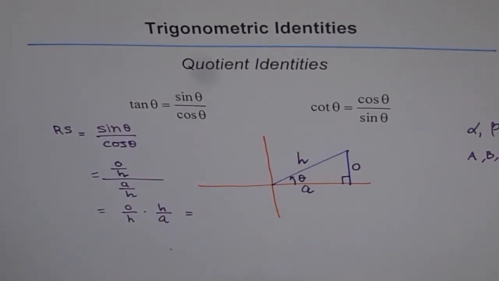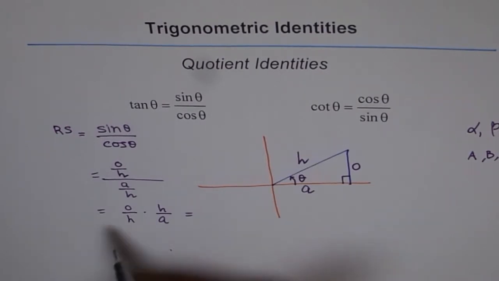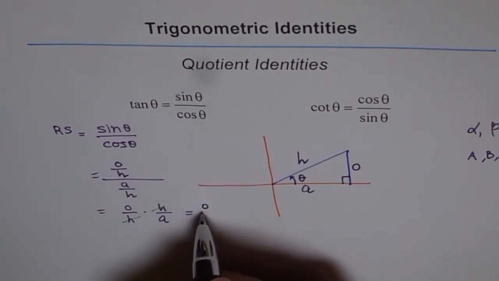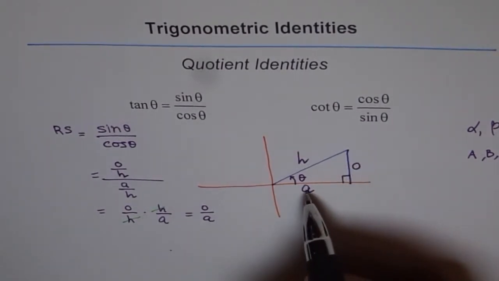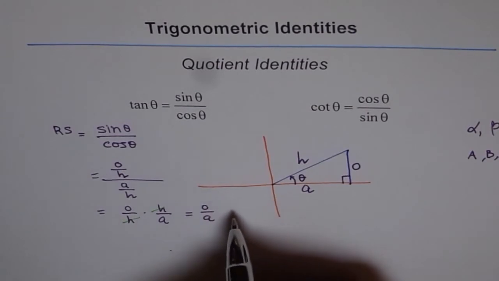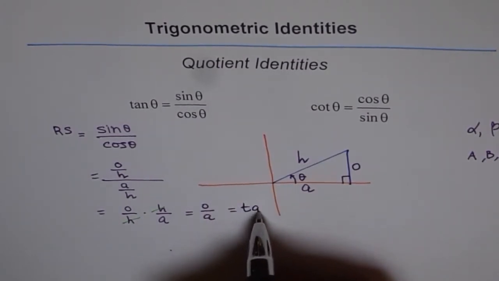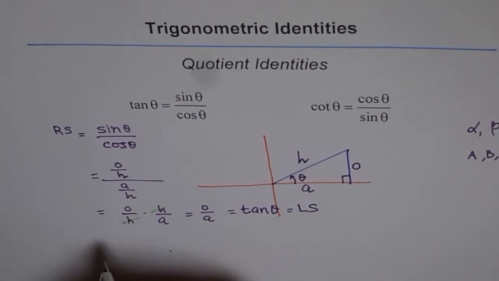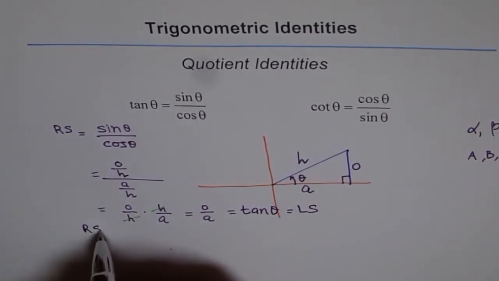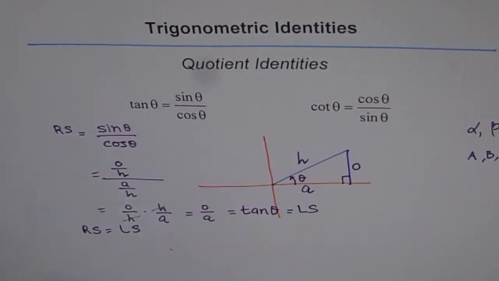Now you can see very clearly that H and H cancel out, and we are left with opposite over adjacent. Opposite over adjacent is tan theta, which is our left side. Since right side equals left side, we have proved our identity.